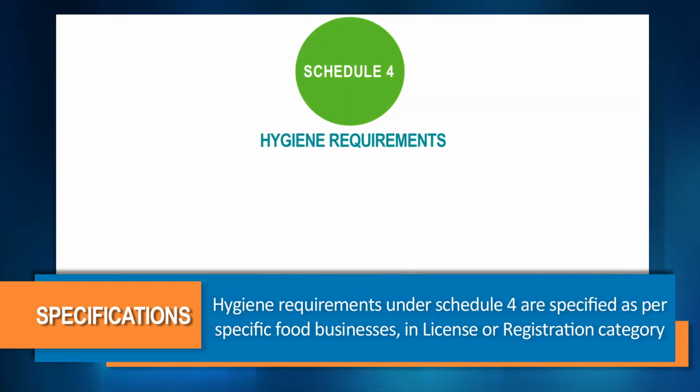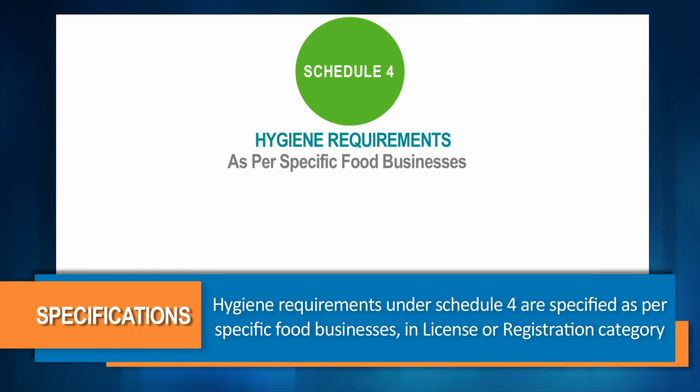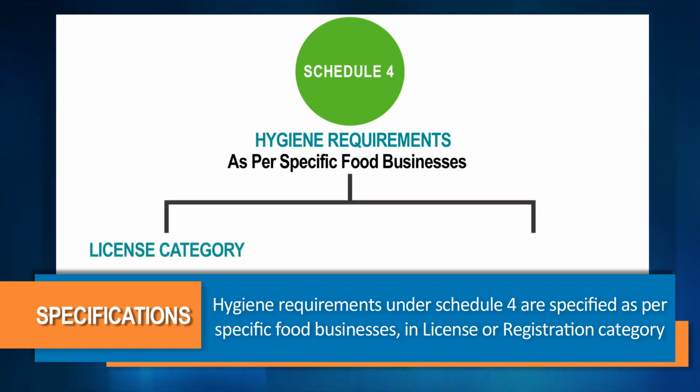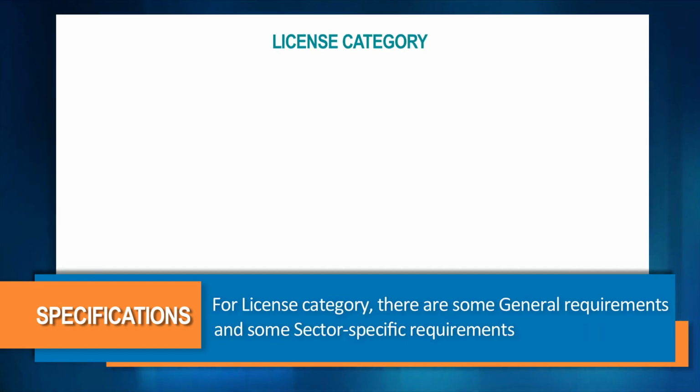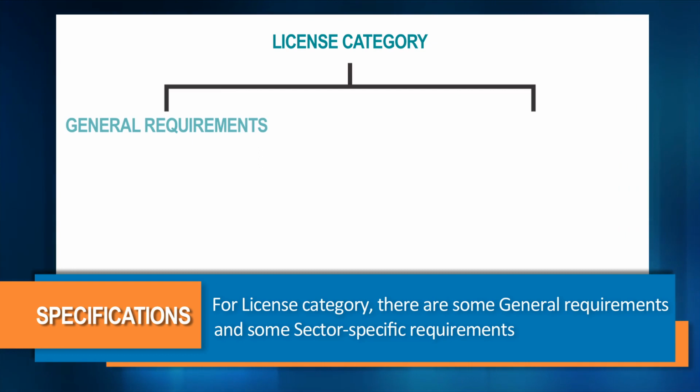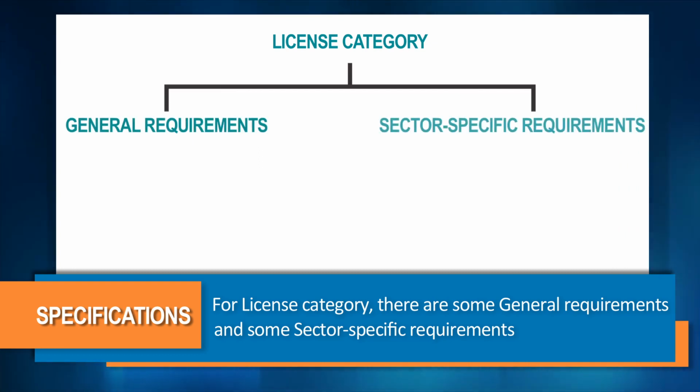The hygiene requirements under Schedule 4 are specified as per specific food businesses in the license or registration category. For the license category, there are some general requirements and some sector-specific requirements.